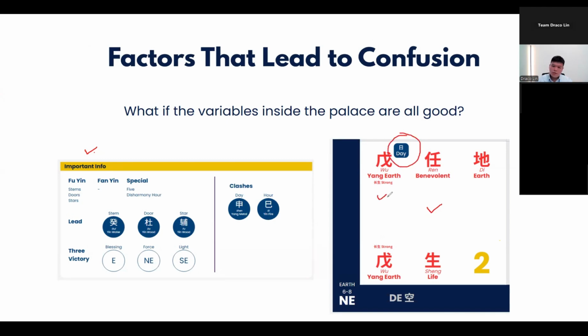The stems are strong, the benevolent star is good, the life door is good, the earth is good. Now we have everything in red. Do you think this is a bad forecast, or a good one to start with? I would like to hear your voice, your analysis, your point of view on this part.